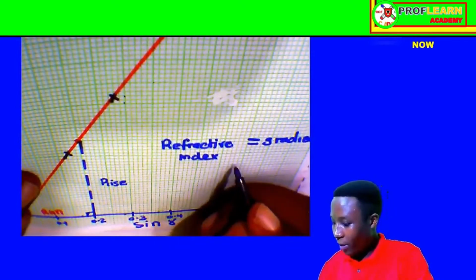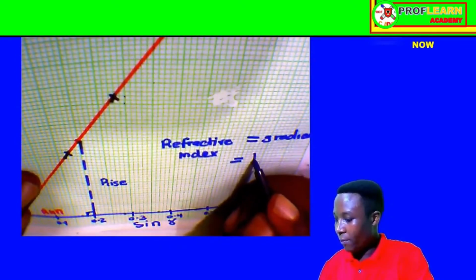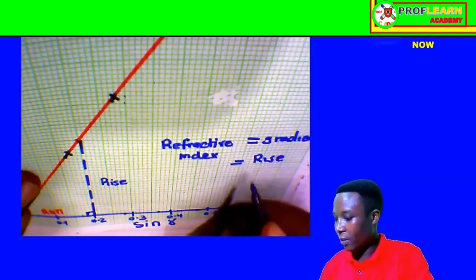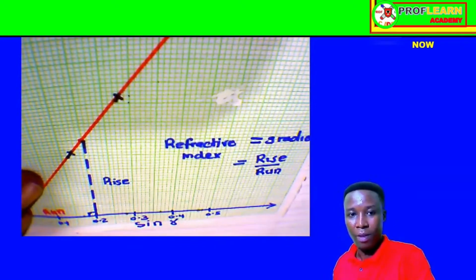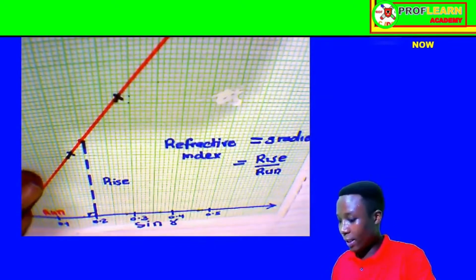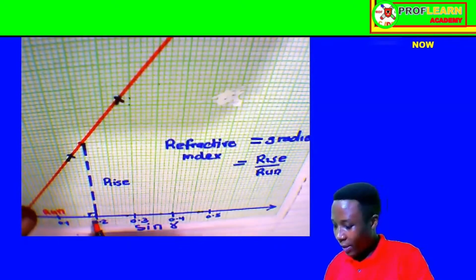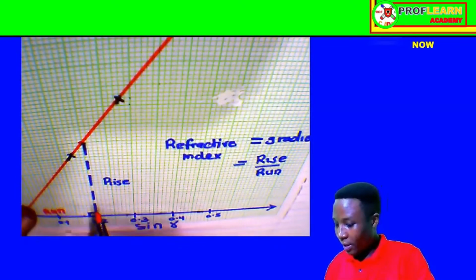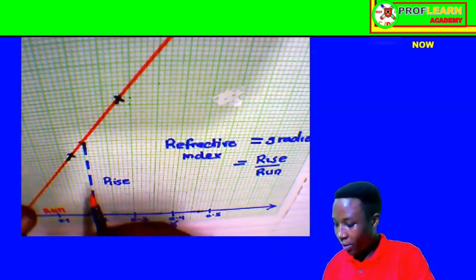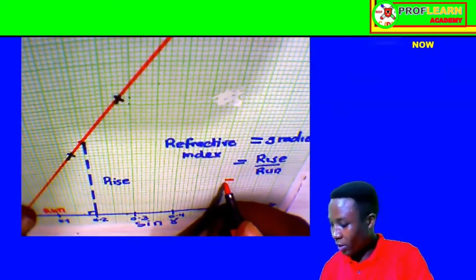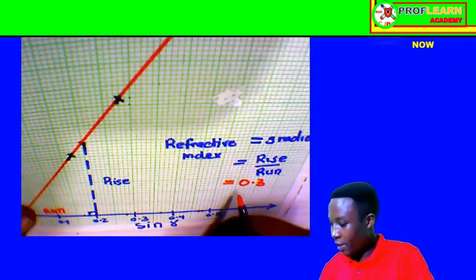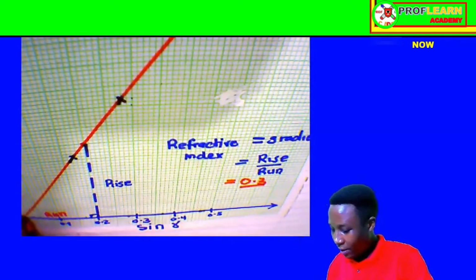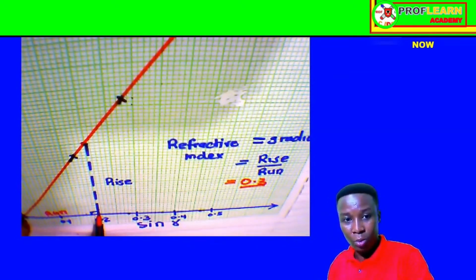Now our gradient is usually given by rise divided by run. Our rise, we selected a point we can easily read, which is 0.3. Our rise is 0.3, so we are going to say 0.3 divided by our run, which is 0.2.